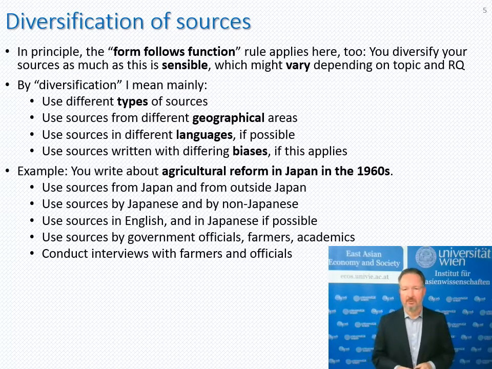By different languages, I do not mean German, English, Spanish, and Italian, although you're absolutely free to use those sources. But when you write a master's thesis completely based on English language sources, this is not really a big deal. Unless, again, you have a BA in Japanese studies, then I would ask, okay, why haven't you used any source in Japanese? But otherwise, that should be fine.